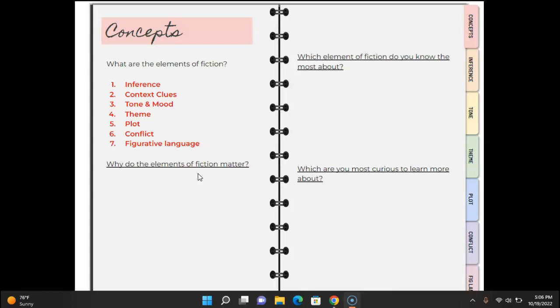I'm just curious why you think these elements of fiction matter. Second, which element of fiction do you know the most about? Which one is familiar to you? And then lastly, which one are you most curious to learn more about? Once you've filled in all 7 elements of fiction and you've answered all 3 of these underlined questions, you can go ahead and continue the lecture.